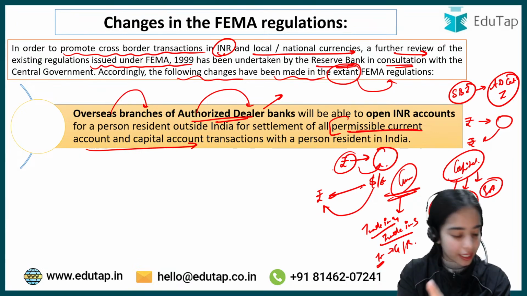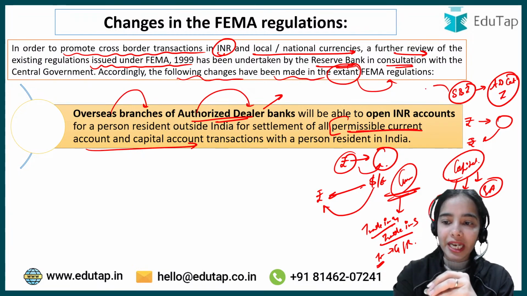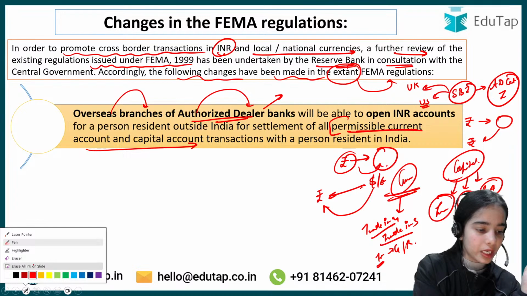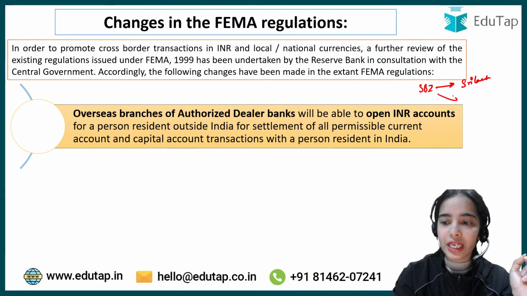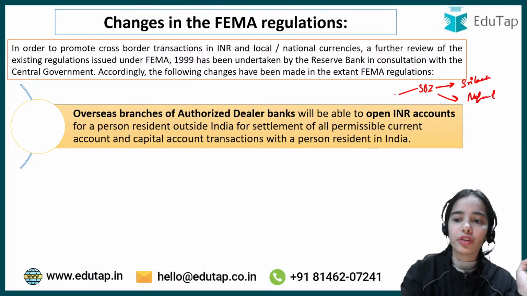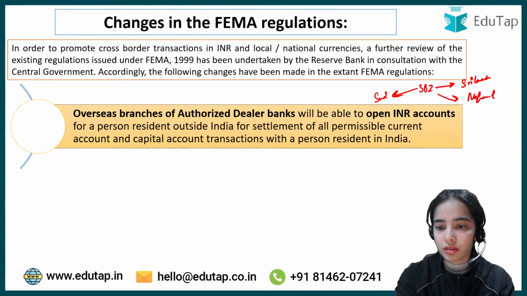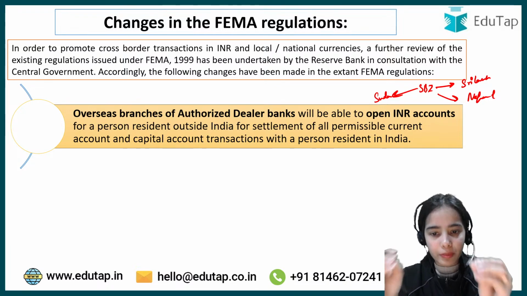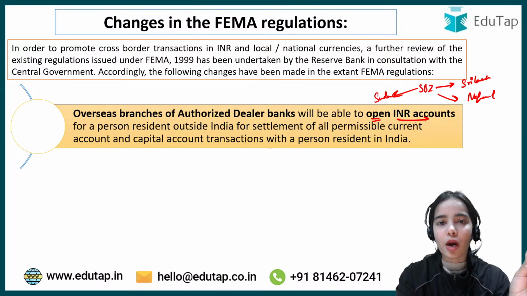Now it has been said that the overseas branches of authorized dealer banks, let's say SBI has a branch in UK, SBI has a branch in US, the State Bank of India has a branch in Sri Lanka, in Nepal, in Sudan, or any other African country, will be able to open INR accounts for a person resident outside India.